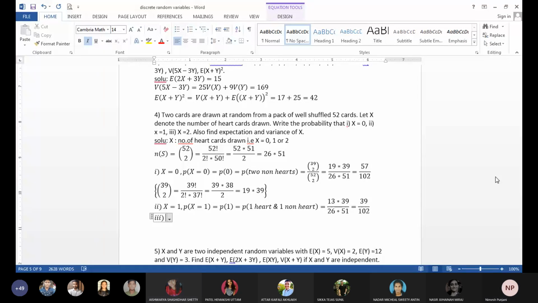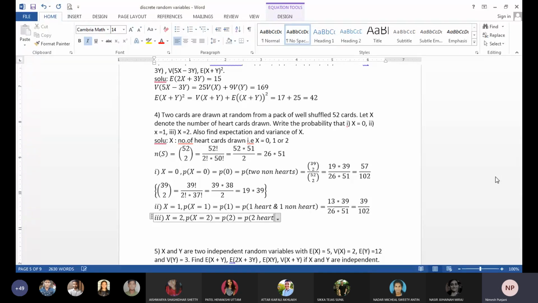Yes, sir. Okay. Last part of calculating the probability, that is x equal to 2. Probability of x equal to 2 is nothing but P of 2. So P of 2 means 2 hearts.